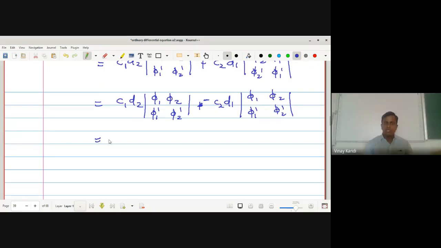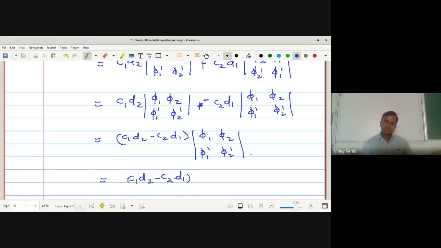Which is equal to, if you have a determinant, does interchanging its row or column make a difference in sign? Okay, so here we get C1 D2 minus C2 D1 in the taking determinant common phi 1, phi 2, phi 1 dash, phi 2 dash. Okay, which is equal to C1 D2 minus C2 D1 into rho skin of phi 1 phi 2.